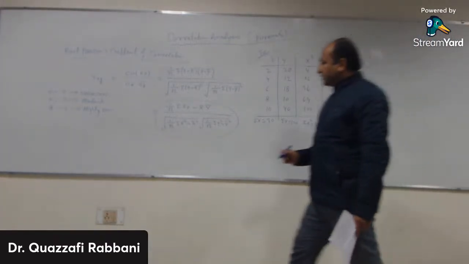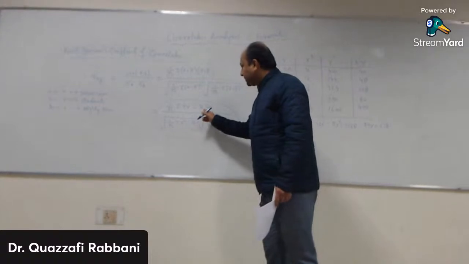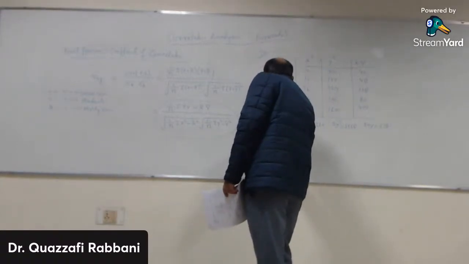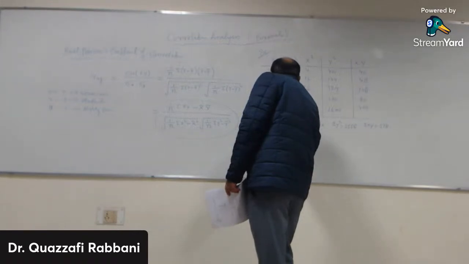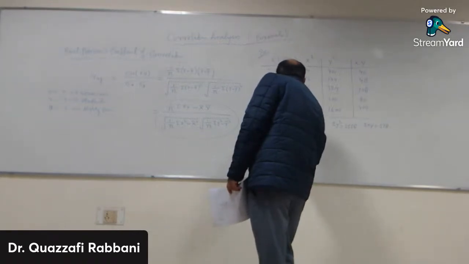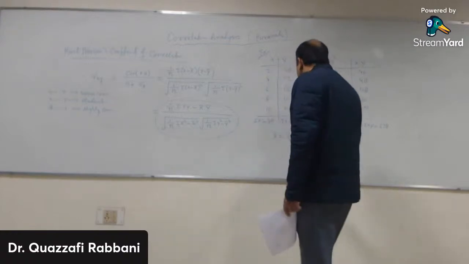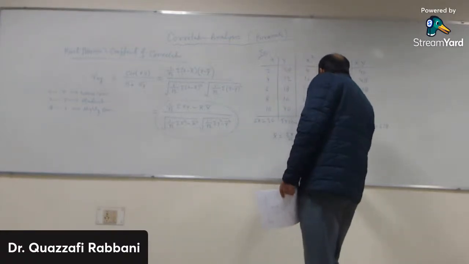Now we also want to know the means x bar and y bar. x bar is summation x upon n, that is 30 divided by 5, which is 6.